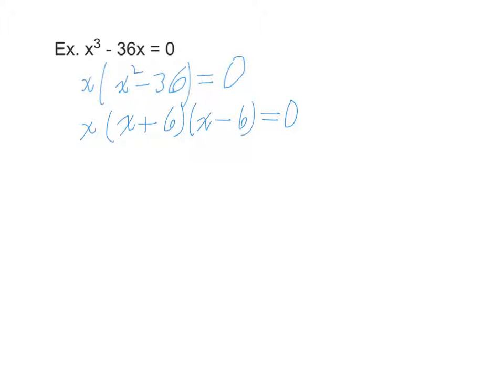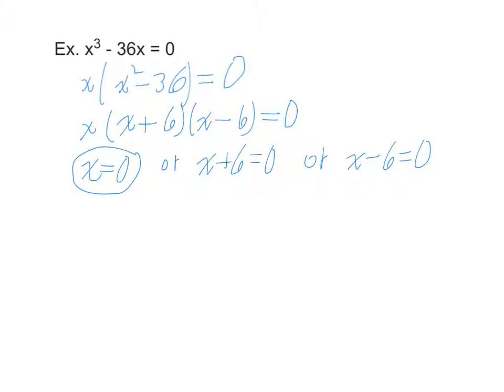Notice how I left that x, the original x, in the problem. It potentially could also equal 0. So I'm going to have three solutions, either x equals 0, x plus 6 equals 0, or x minus 6 equals 0. With some quick algebra, I have three solutions.